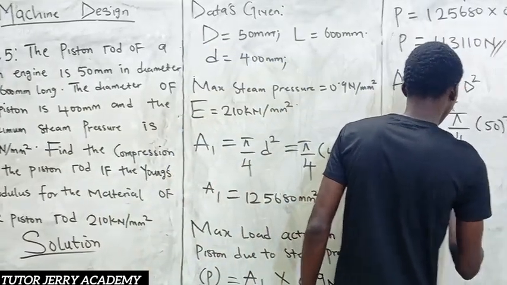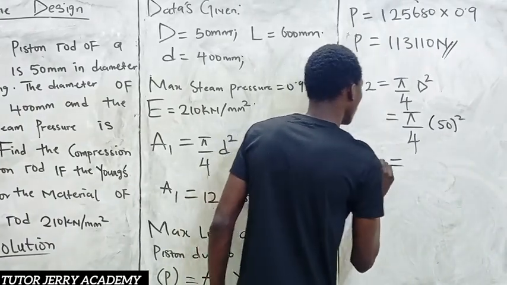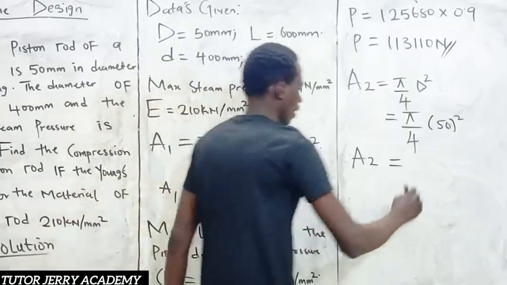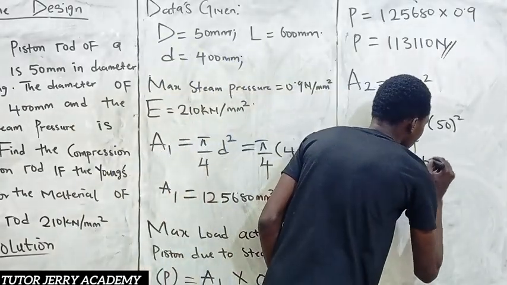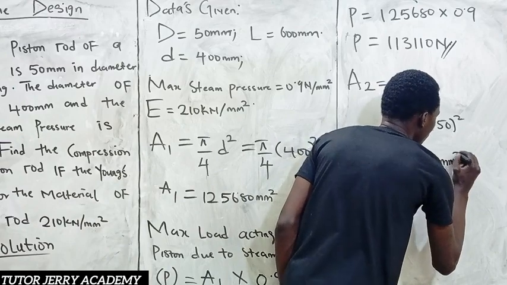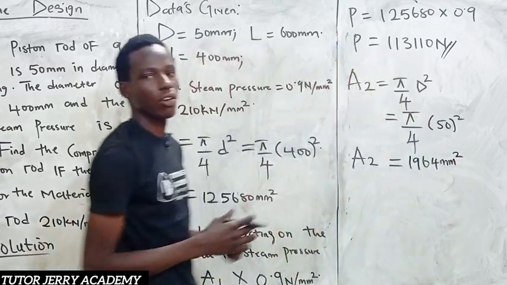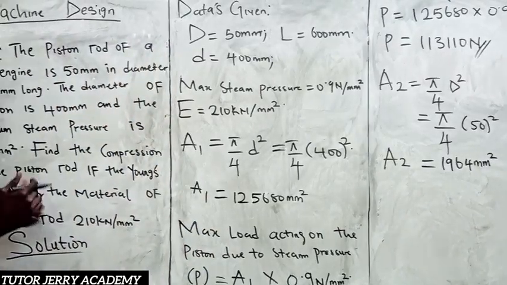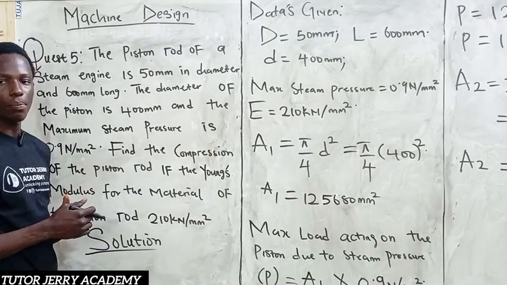Press this in your calculator and A2 will be equal to 1964 millimeter square. So this is what we have as our A2. Now we can go further and find the compression.